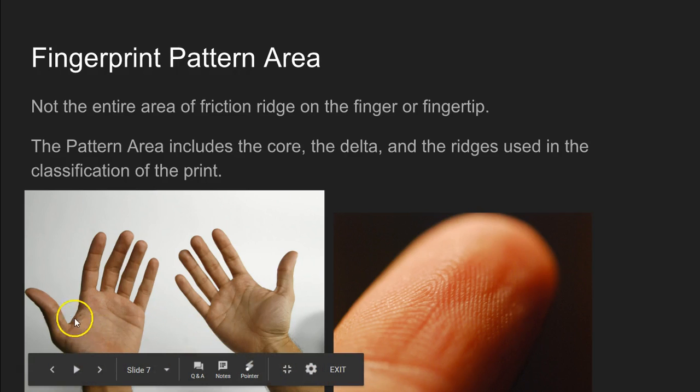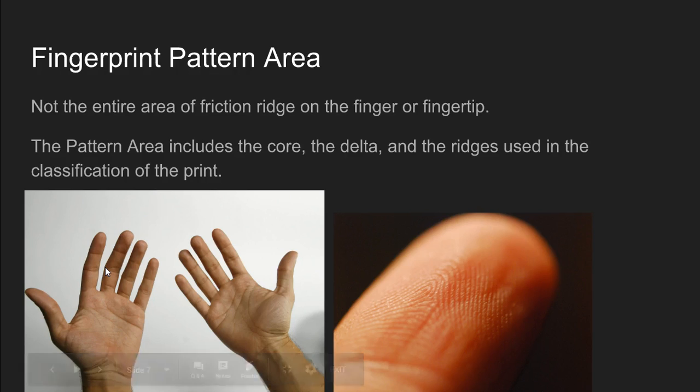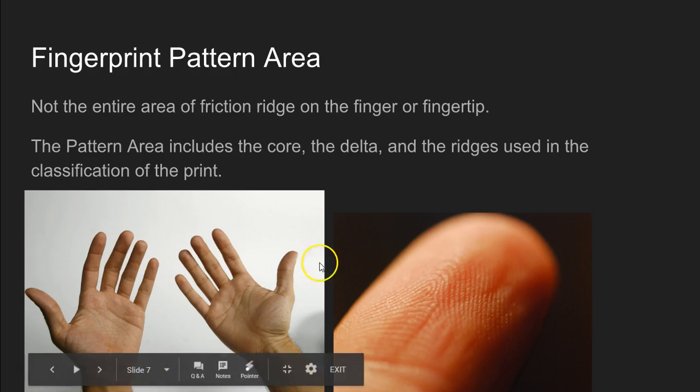If you were to look up and down the finger, there are friction ridges on the undersides of the fingers, in the first knuckle, the second knuckle, of course the pad of the finger, and even the tip of the finger. But the pattern area, the part of the fingerprint that we're most interested in for classifying the print, and normally for comparing it, is this area here on what's called the pad of the finger.